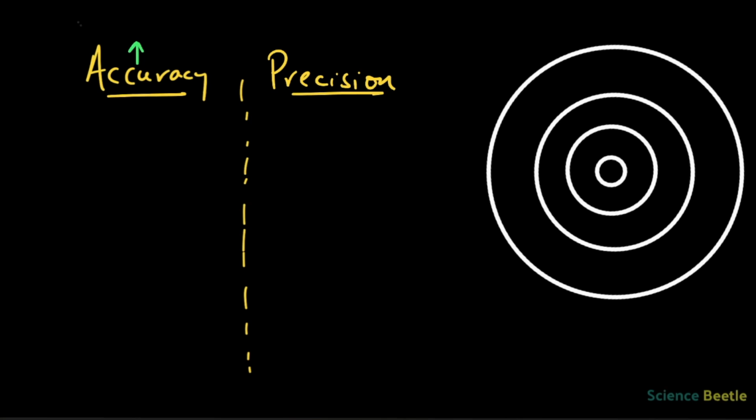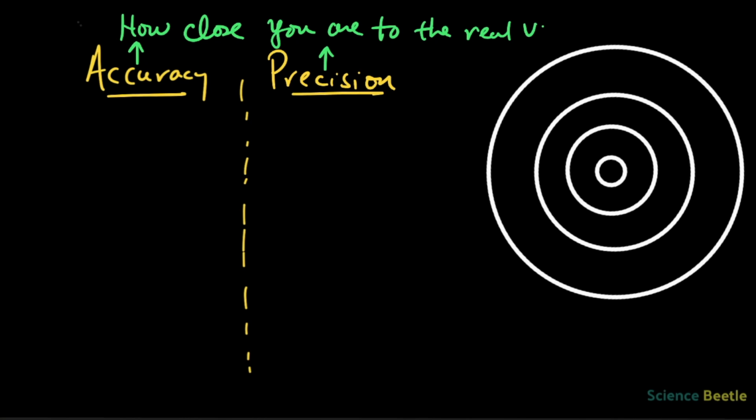So both accuracy and precision address how close you are to what we call the true value or the real value on a measurement.